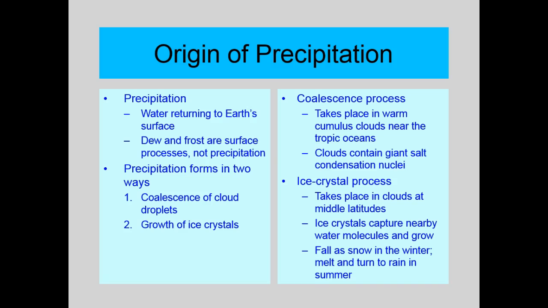The ice crystals capture the nearby water molecules. They grow until they're heavy enough to fall. As they fall, they melt, so you don't find the ice. Unless, of course, there was such an upsurge of warm, moist air going way, way up there, and the upward surge keeps them up.